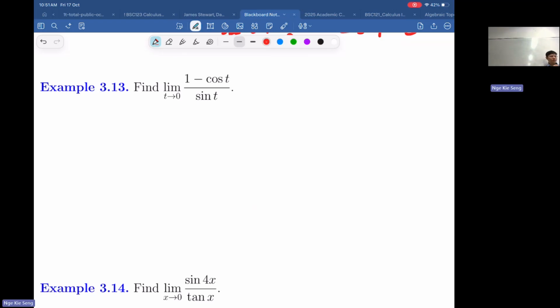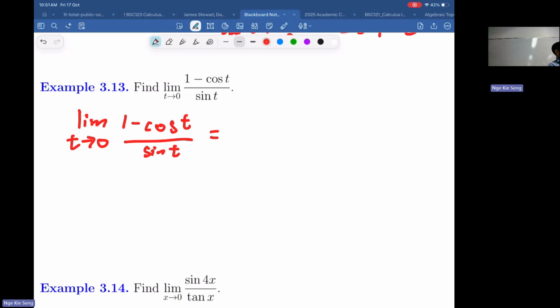This involves 1 minus cos t. If you're going to use the special limit, what do you need for this? You need an extra t in your denominator. To create this extra t, you need to cancel it as well, so you put t over t into your expression. Are you happier with this?